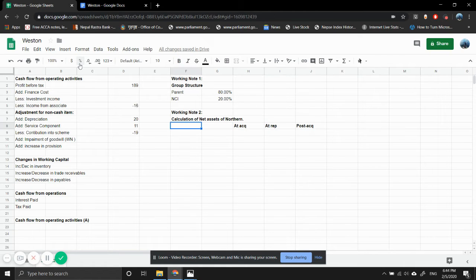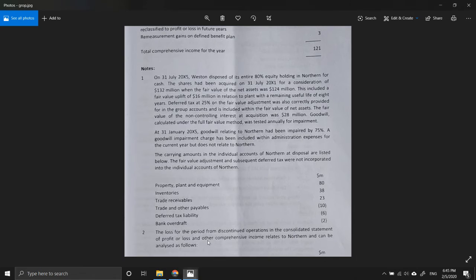We need to be careful whether there has been a full disposal or not. Total assets, this figure is already given, isn't it?